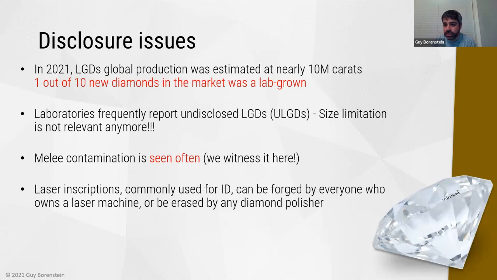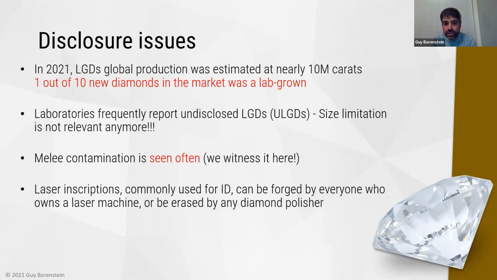CVD diamond got already to 16 carat rough. Taking a kind of arbitrary calculation saying 50% yield, it means that every stone up to 8 carat could be lab-grown.